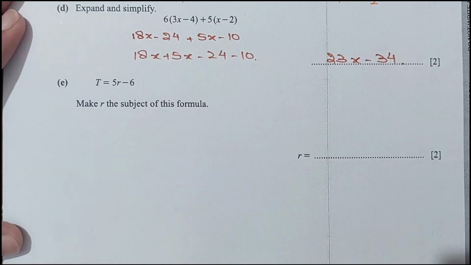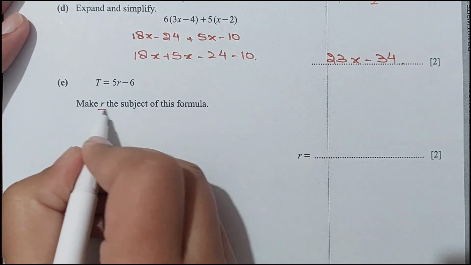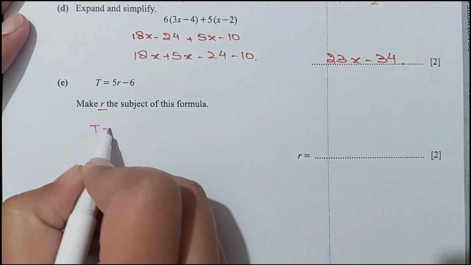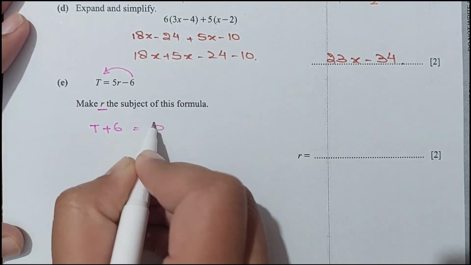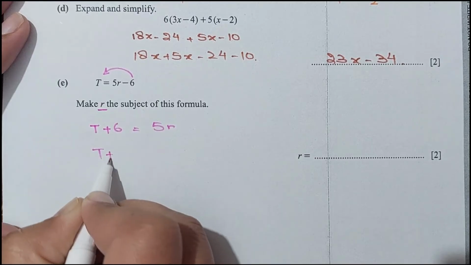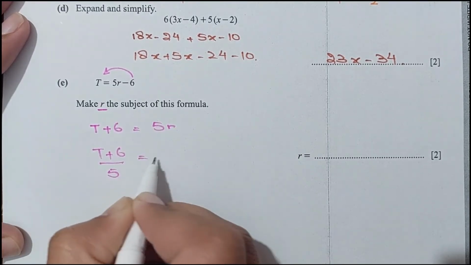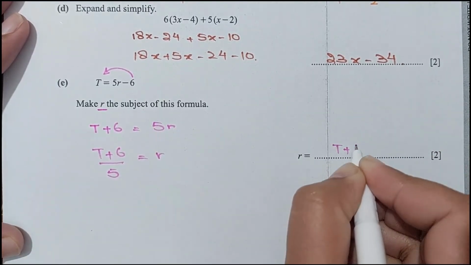Now for part E, make R the subject. T plus 6. Shift the 6 to the other side, it becomes positive. This would be 5R. And T plus 6 divided by 5, this is the R value. T plus 6 over 5.